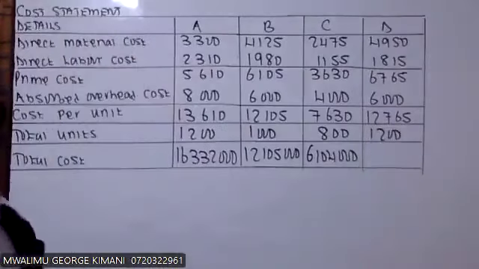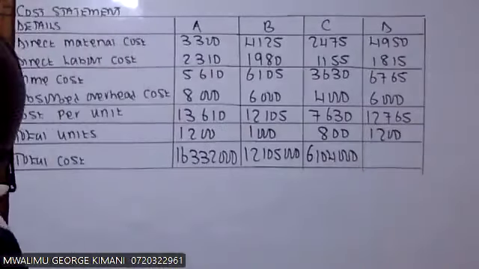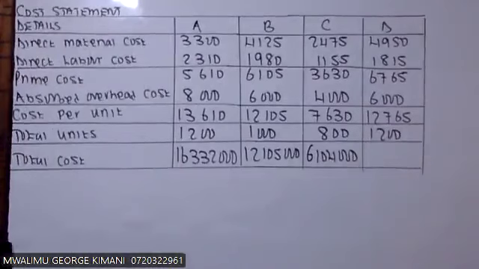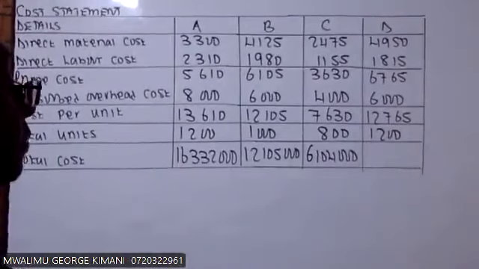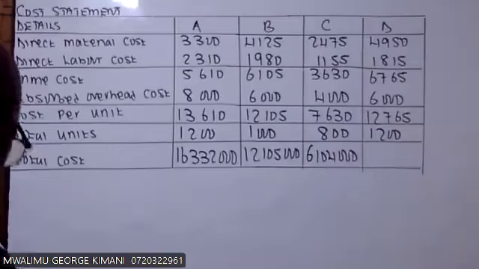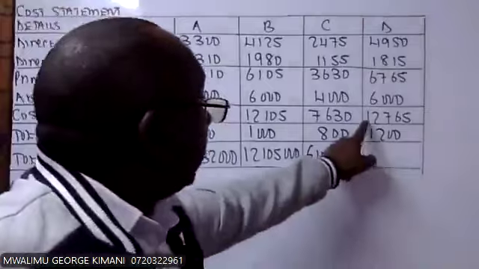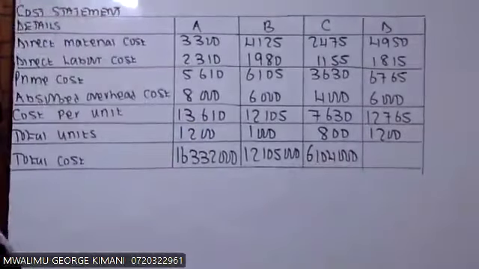So, I guess there's somewhere you made a mistake. I don't know whether you used the 4,200. So when you multiply, can you multiply now this one and this one? Tell me what you're getting.